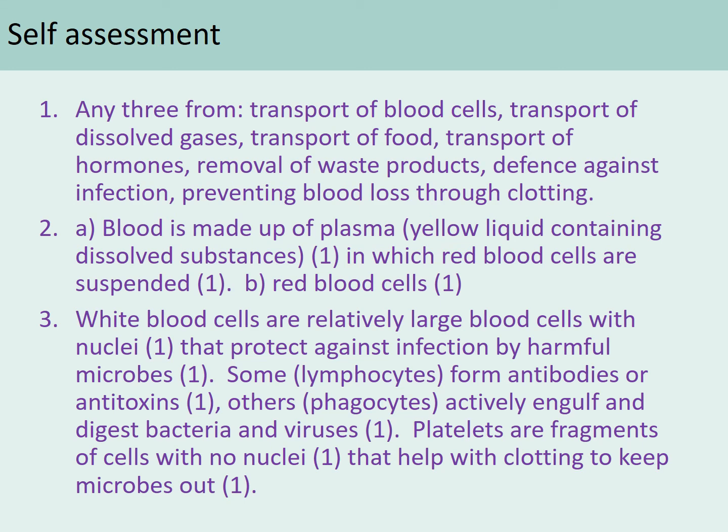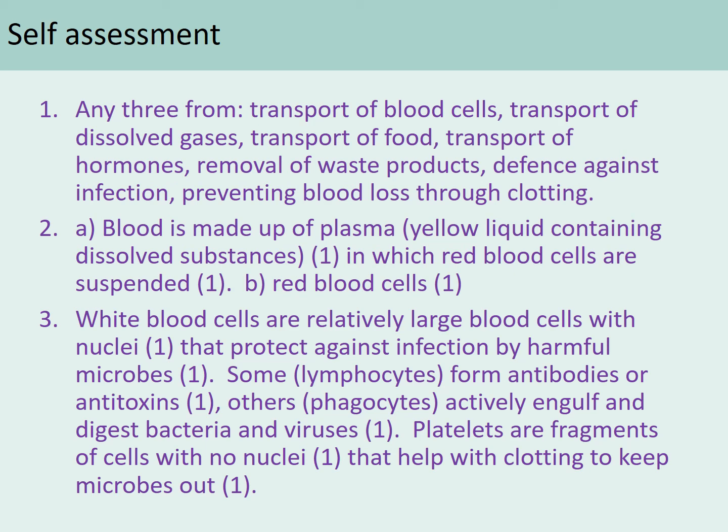Transporting food or soluble molecules. Transporting hormones. Removing waste products. Or you might have said about removing urea. Fighting infections. And also clotting the blood. So any of those will be good answers. You needed 3, so hopefully we got 3 marks for that.